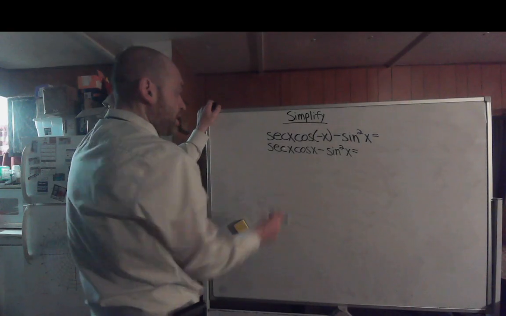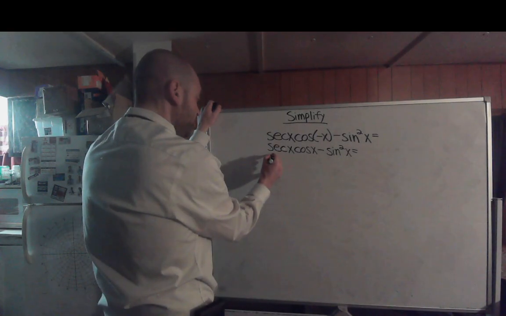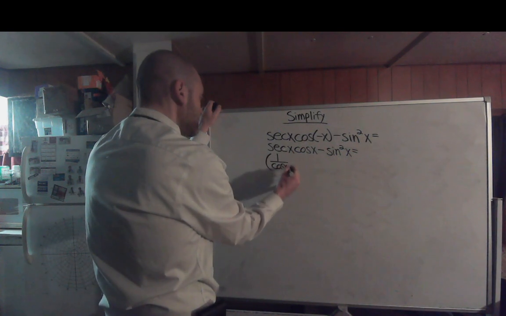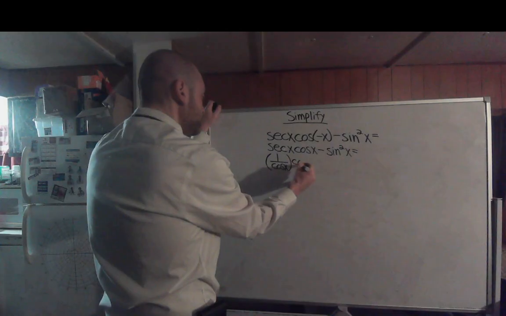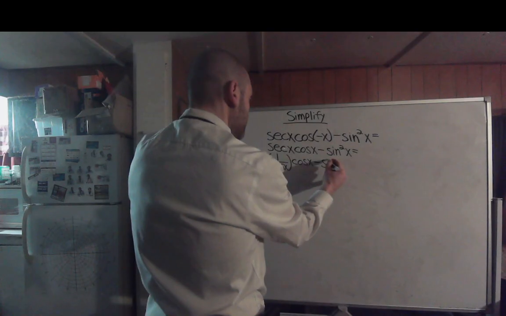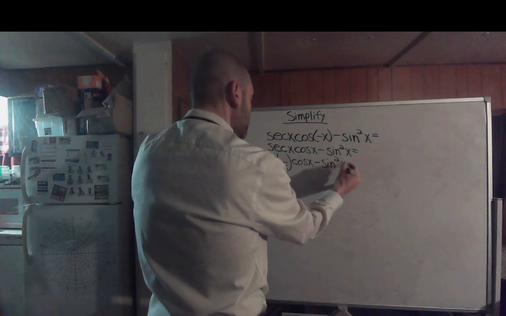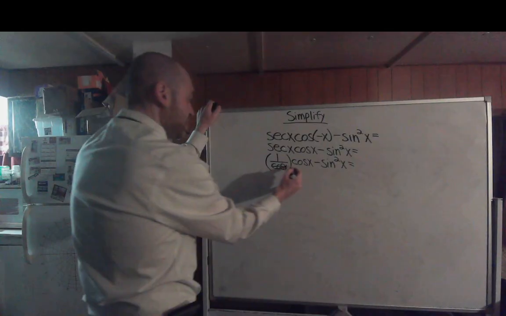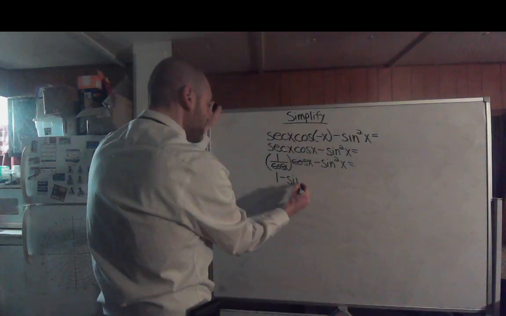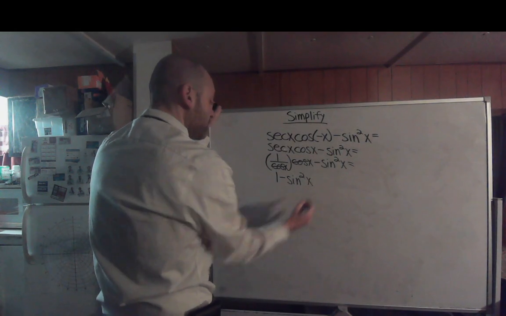Alright, what is secant? Well, that's just going to be 1 over the cosine of x, all that times the cosine of x, minus the sine squared of x. Well, your cosines cancel out. This would just turn into 1 minus the sine squared of x. Well, hang on a minute.